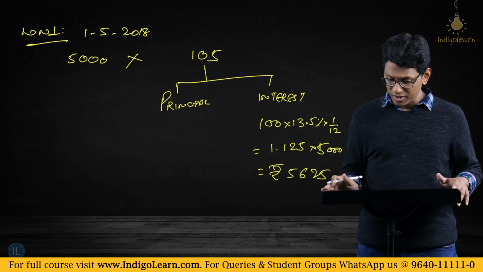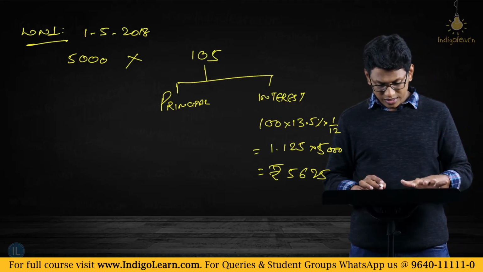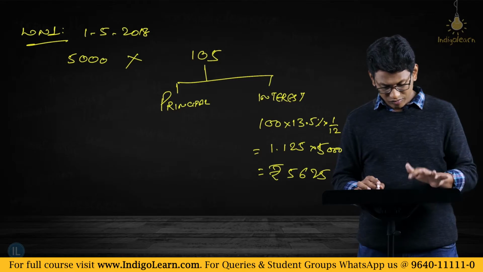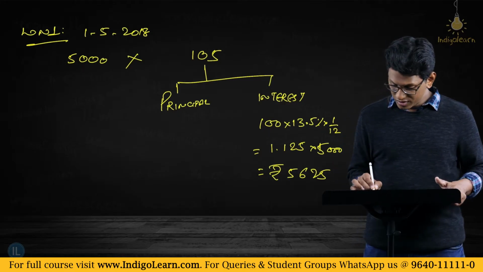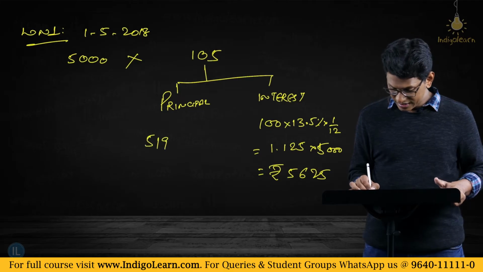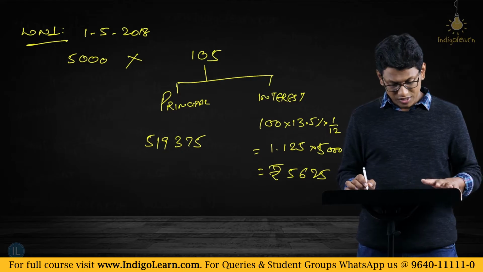That is the interest what we paid. Principal will be 5,000 into 105 minus 5,625. So 5,19,375 is the principal portion.